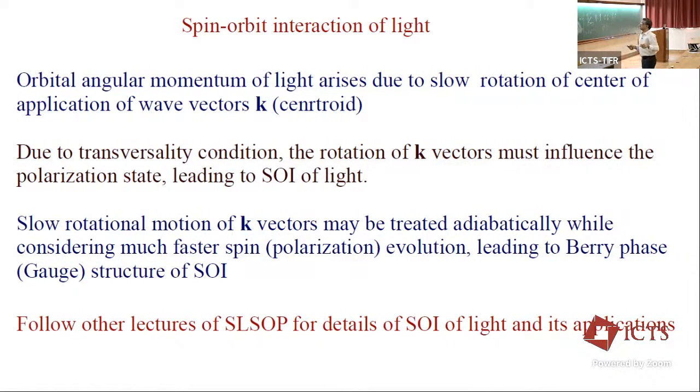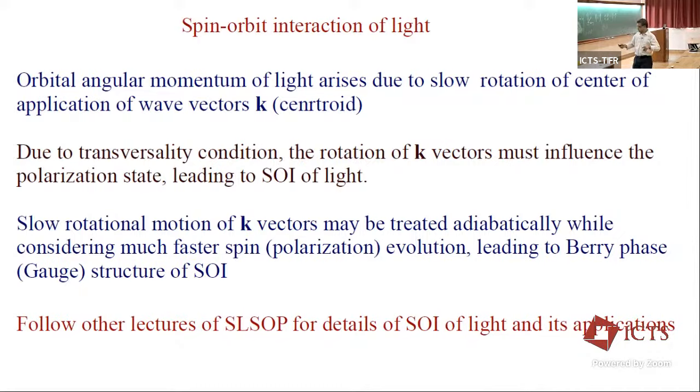And due to the transversality condition, if the k vectors rotate like this and you impose the transversality condition, transverse oscillations, then this rotation must influence polarization in some way, and that leads to spin orbit interaction. You cannot have fixed polarization.